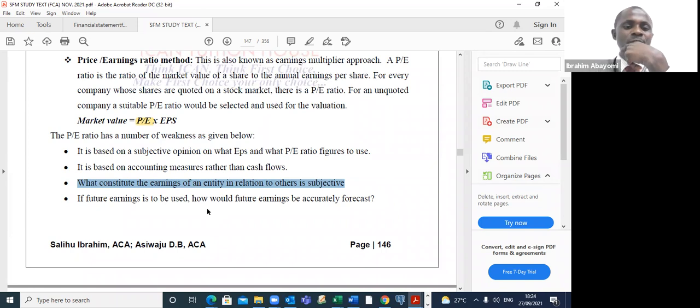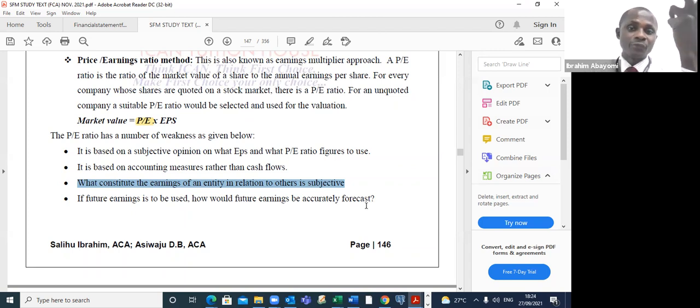If future earnings is to be used, how will future earnings be accurately forecast? This is another problem. When you are making a valuation, like I've always been telling you, you are using future information, not current and not past. You can only predict the future using the current.